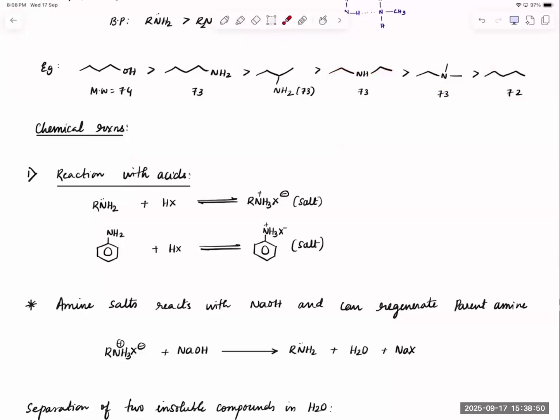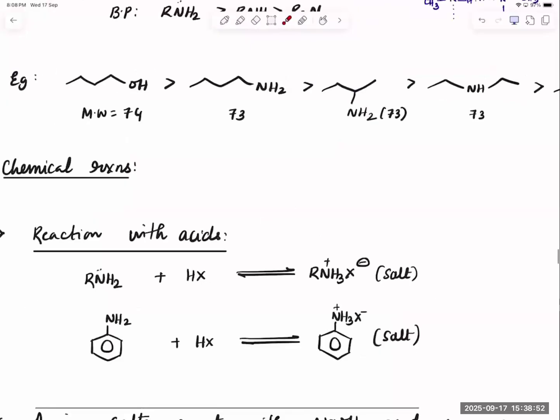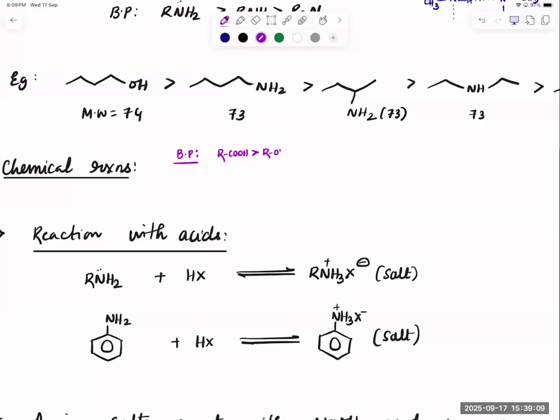Clear? Now, if you have to compare across the functional groups, just for the sake of remembering once, remember this part. If you have comparable molar masses, carboxylic acids will definitely be the first one, and then comes alcohols, and then comes primary amines, and then comes ketones, and then comes aldehydes.